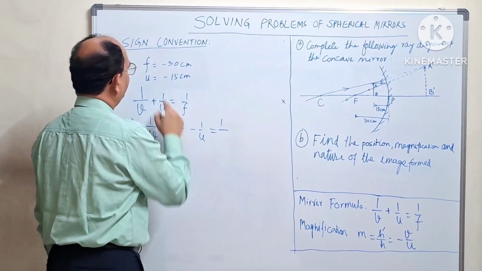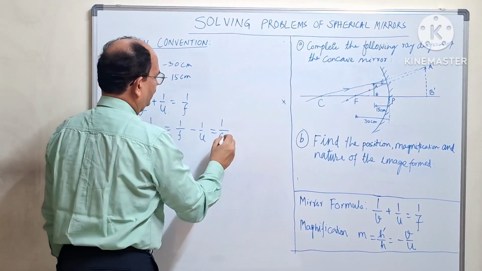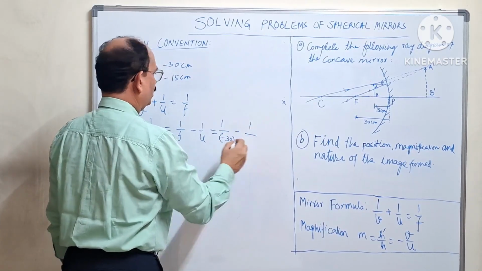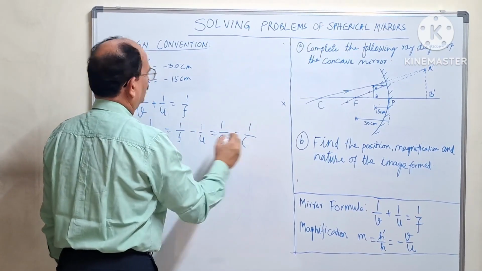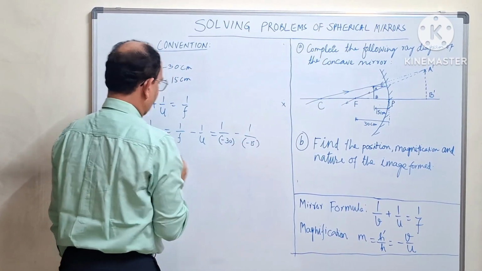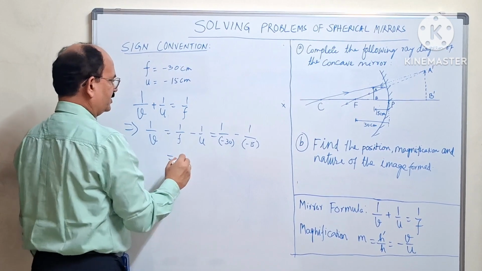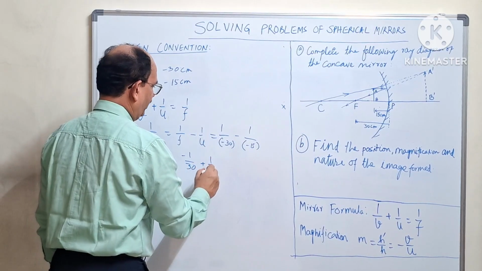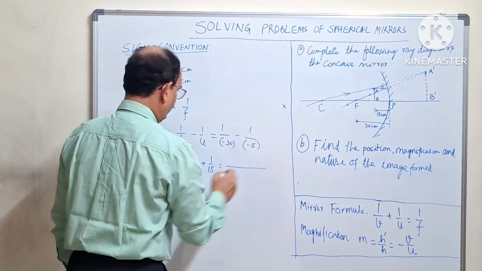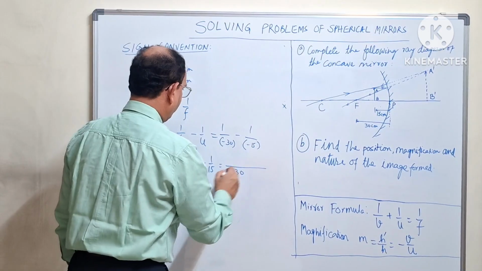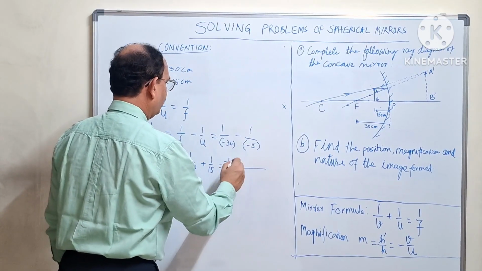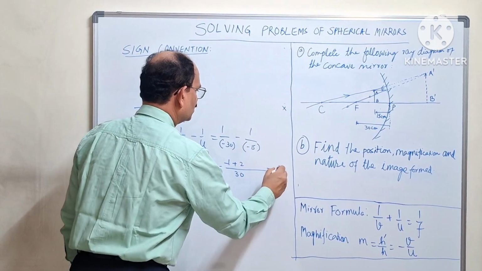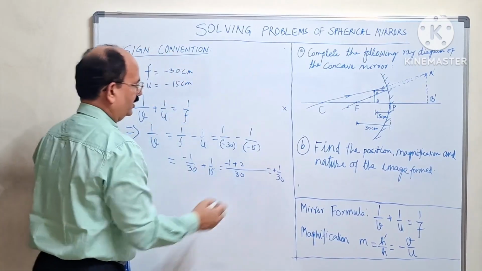So this is 1 by f, f is minus 30, minus 1 by u, and u is minus 15. So then we will get minus 1 by 30 plus 1 by 15. So here we will get minus 1 and plus 2, and therefore this becomes plus 1 by 30.